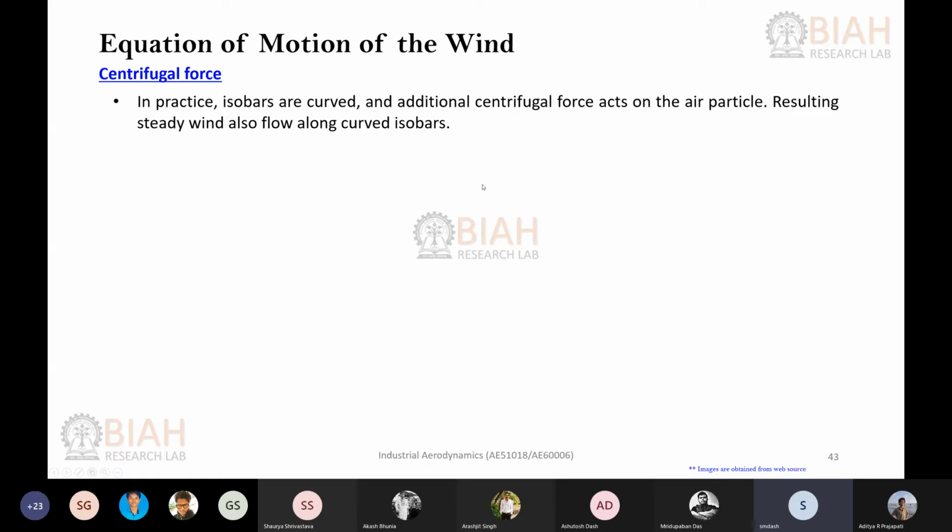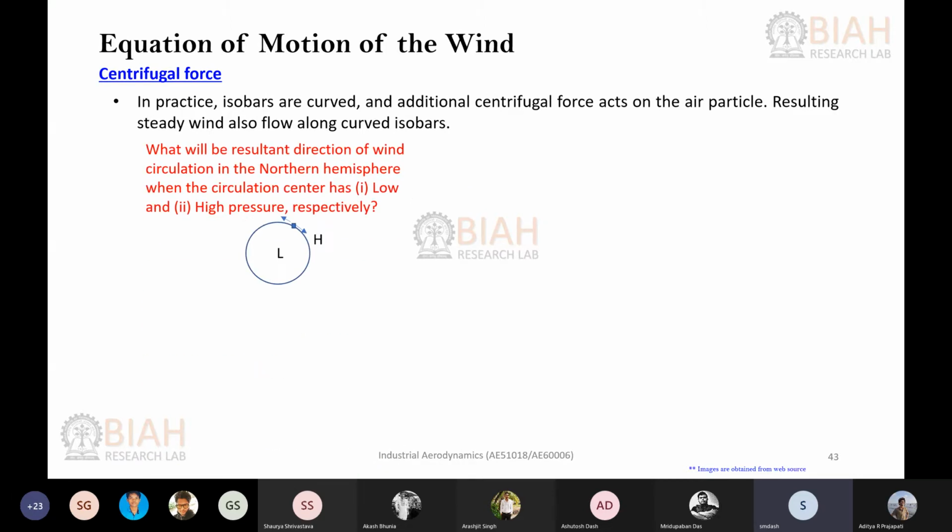There is one question which will come to our mind, and I would like you to first think about this. What will be the resultant wind direction? Let's say you have a low pressure region here and a high pressure region here, and the isobar is a circular one.